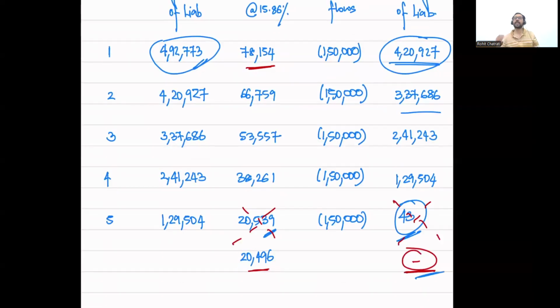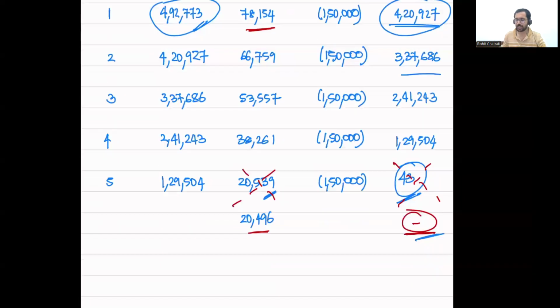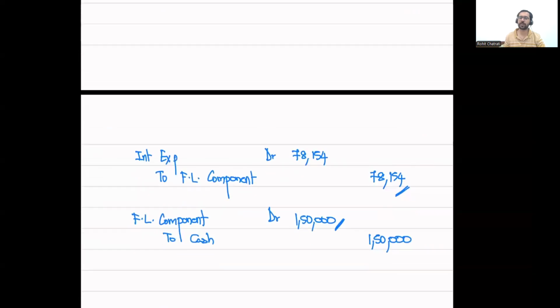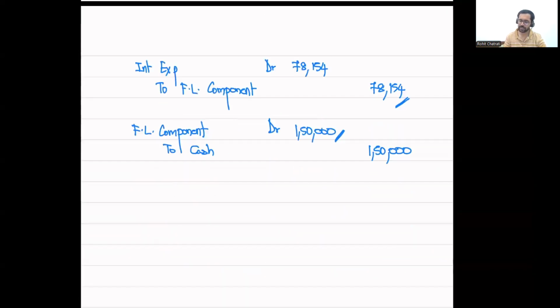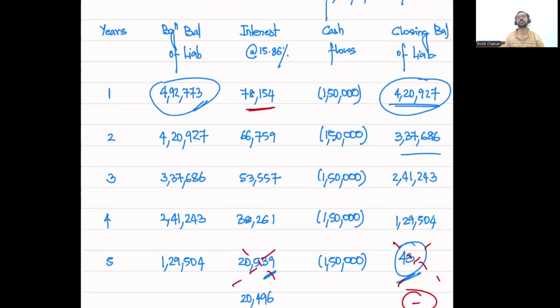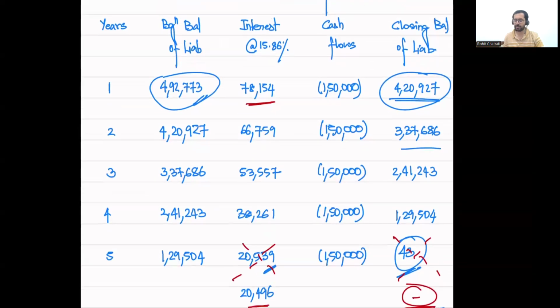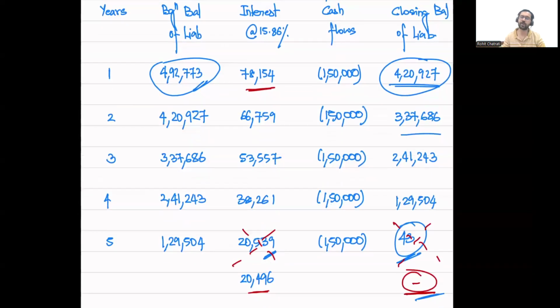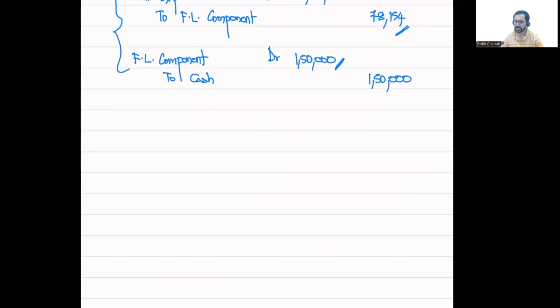It went down to zero at the end of fifth year because the company no longer has any obligation to pay cash, because these are going to be compulsorily converted into equity shares. So these journal entries will be passed for the next 5 years, and there will be no change. The only change will be the amount of interest expense, but the journal entries are going to remain the same.